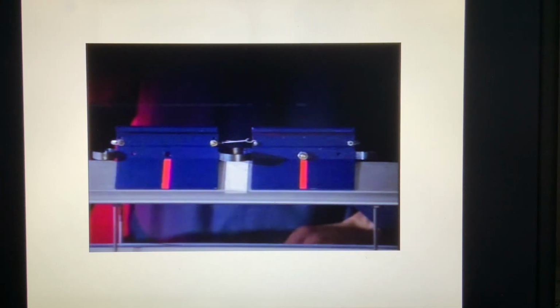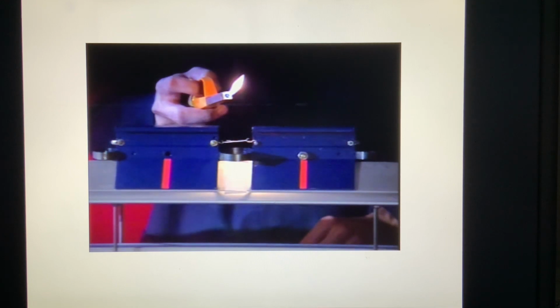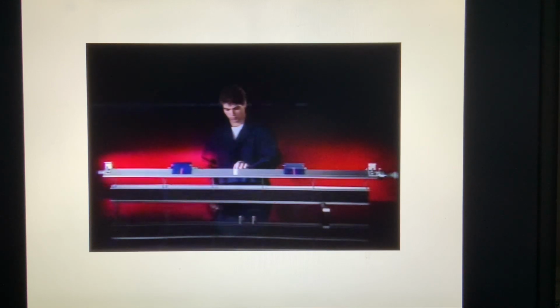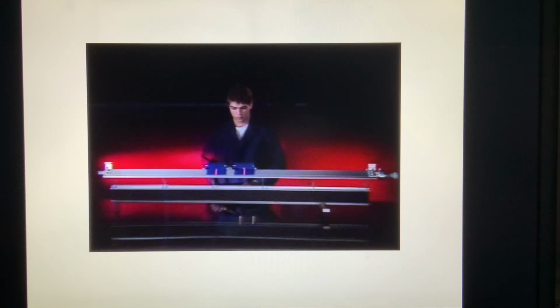If we tie the carts together with a string so that the first cart is pushing on the second, then burn the string, what will happen to the first cart? Both carts accelerate. When one object pushes another, the second object pushes back. For every action, there is an equal and opposite reaction.